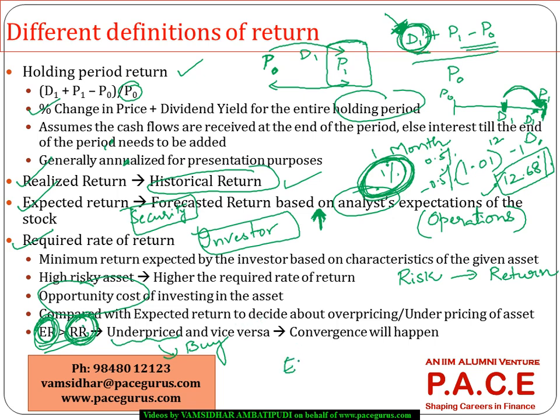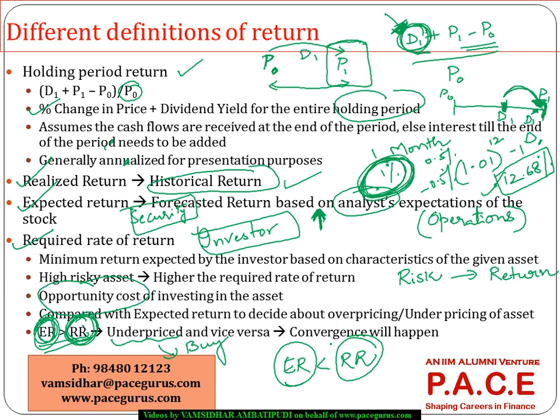Whereas when we see the expected return less than the required rate of return, it is a negative signal. The actual performance of the company based on its operations is much lesser than what the investor has linked to it corresponding to the risk of that company. So because of the negative signal, it is treated as overpriced, and typically a sell recommendation will be given by the analyst.